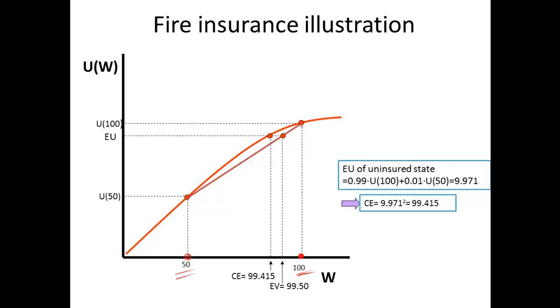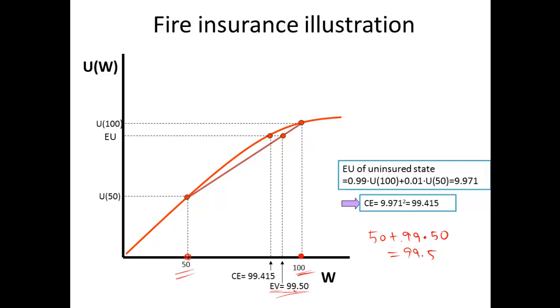What is 99% of the way between 50 and 100 along the W-axis? That's 99.5. Why is that? Because 50 plus 0.99 times 50 equals 50 plus 49.50, or 99.5. So what is that? That's the expected value of the individual's wealth if the individual is uninsured.